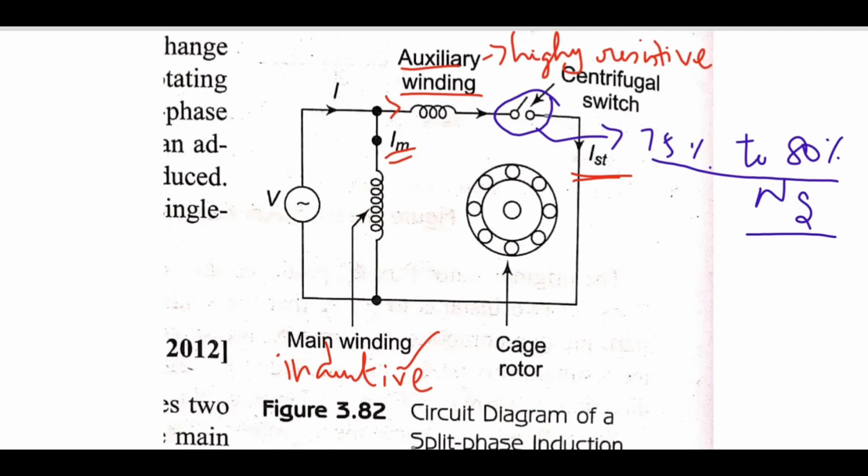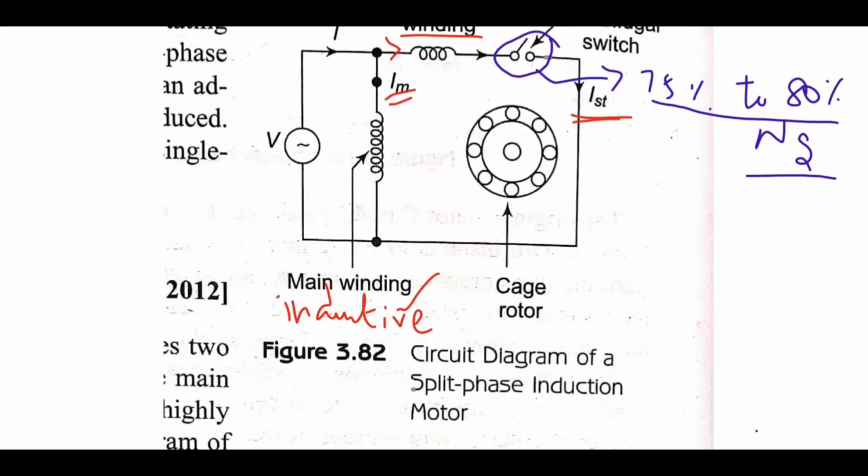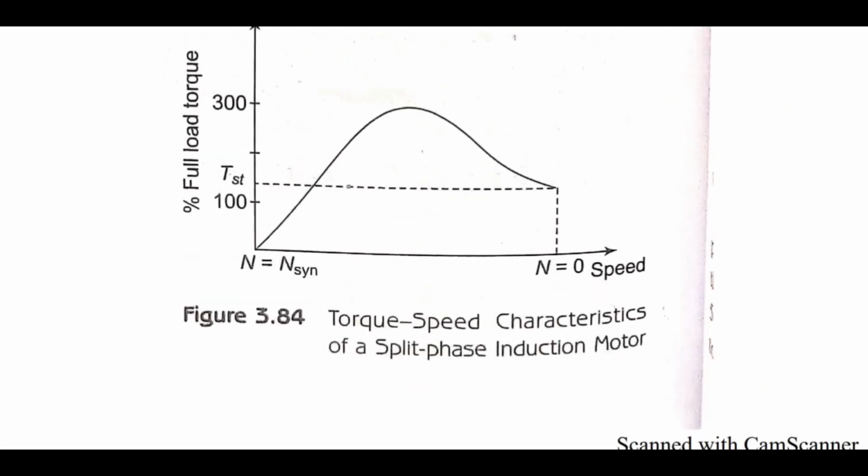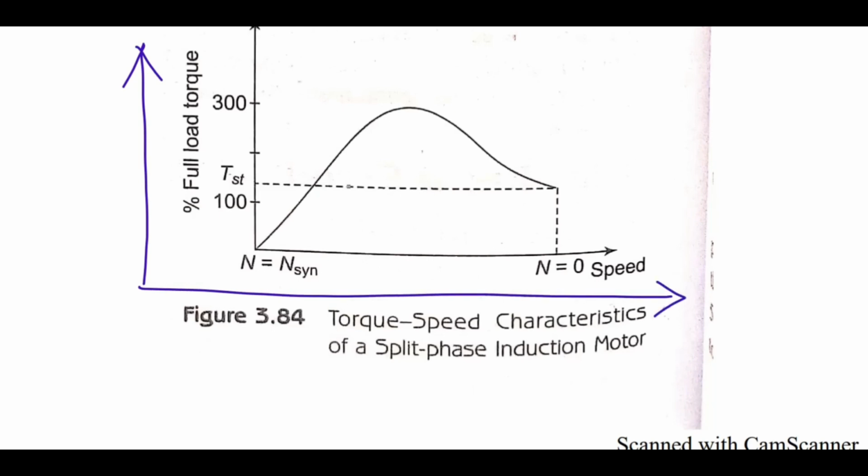Now the torque speed characteristics of the split phase induction motor are given here. You can draw it with speed on the x-axis and torque as a percentage of full load torque. Starting from the synchronous speed, the starting torque is above 100%.